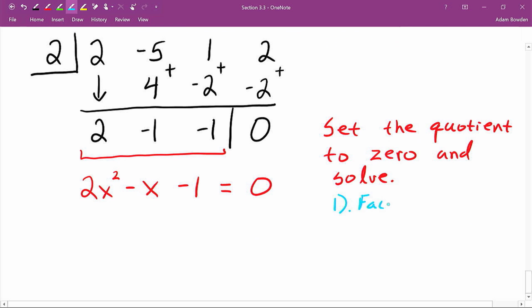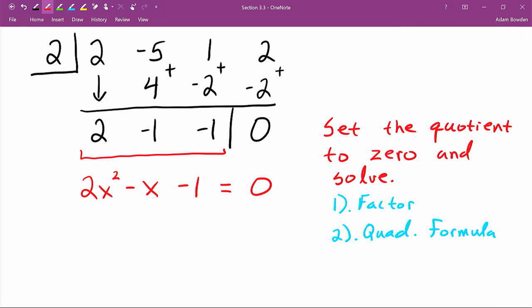There are two strategies we could use perhaps to try to solve this, and either that would be by factoring or by the quadratic formula. Factoring is kind of the first choice if it works, quadratic formula if we can't factor it. If you want to take a second to look at this and see if you can factor this particular quadratic equation.